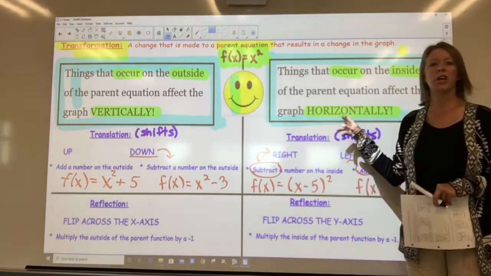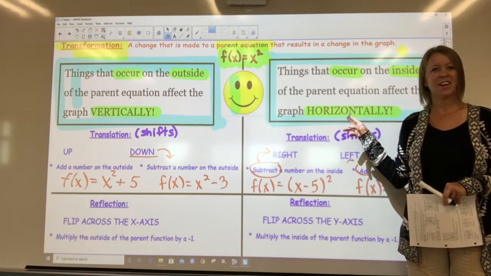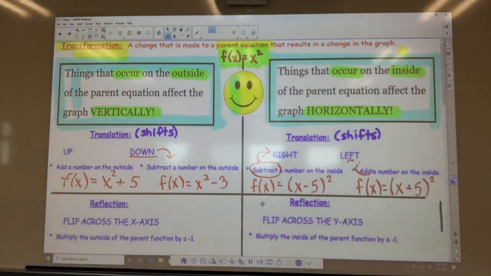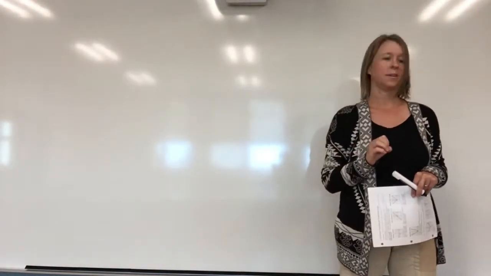Now I want you to shake your head in a horizontal fashion. So we should be going like this now. If you shake your head in a horizontal fashion, you should be going like this.